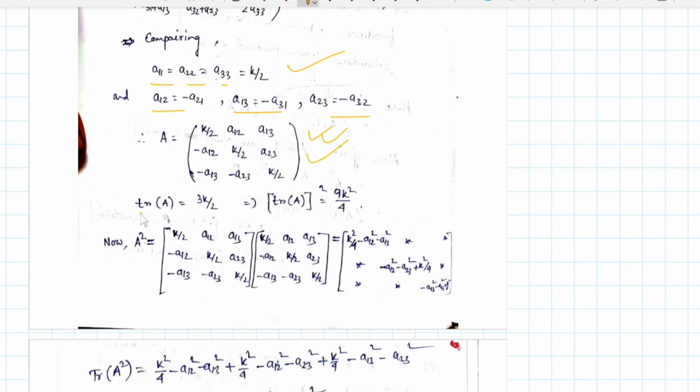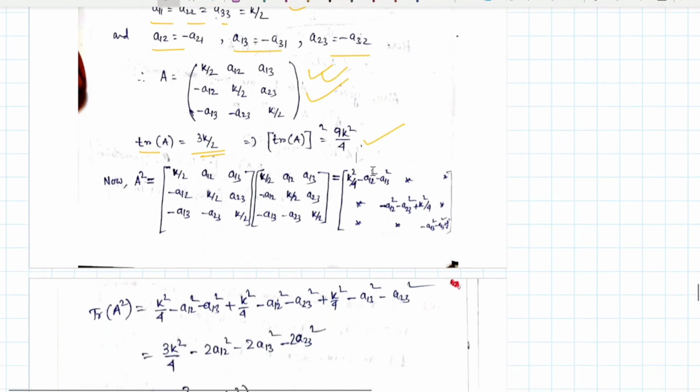Now trace of A equals the sum of the diagonal elements, which is 3k by 2, and therefore trace of A whole square is 9k square by 4. Now we find the trace of A square. So A square equals this, and here we just calculate the diagonal terms.